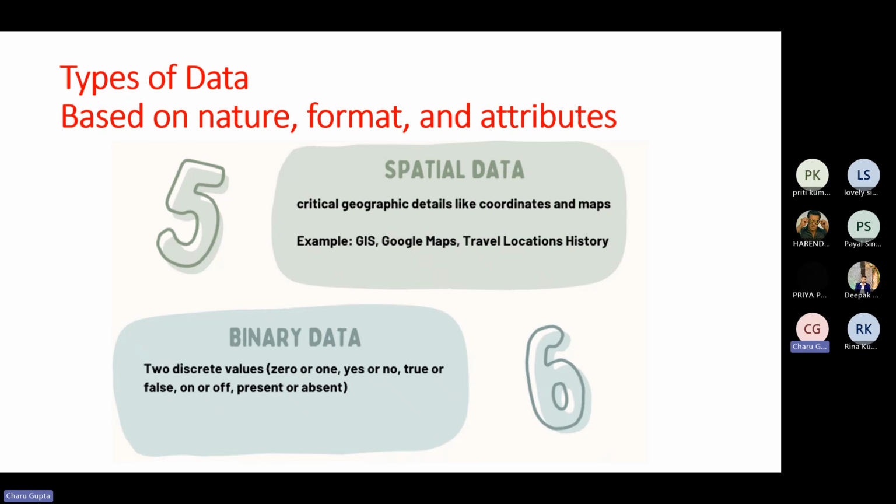Spatial data is related to space, like Google Maps, travel location history, GIS, etc. Binary data has only two values, either 0 or 1. A fan is either on or off, yes or no, a student is absent or present. So this is the binary form of data.